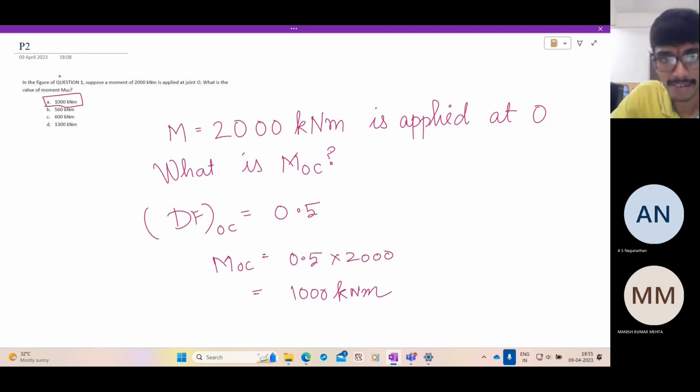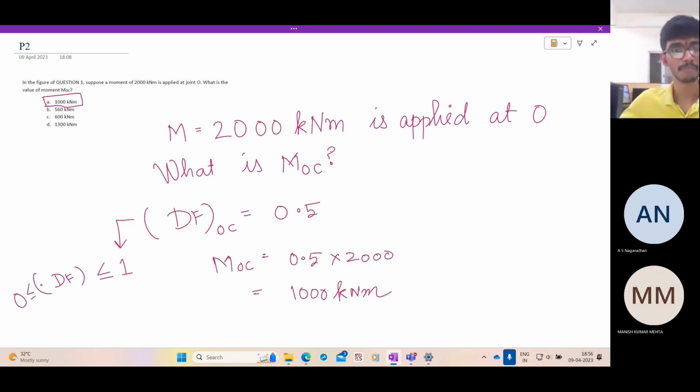So I hope it is clear. From this, you can also note down that the distribution factor will always be less than or equal to 1, because if there are many members, the distribution factor can never be greater than 1. If you apply a certain moment, a member cannot take more moment than what is applied. And it has to be greater than or equal to 0 also, because if you apply a certain moment, individual members cannot take the opposite of the moment in a general case.